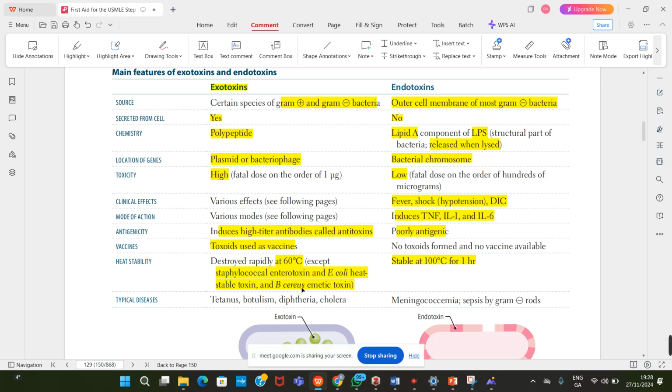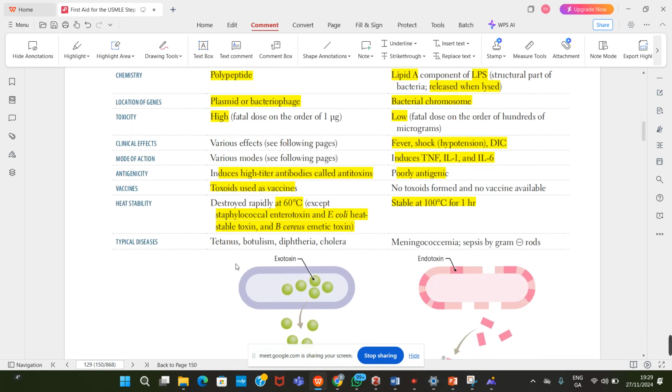When we talk about reheated rice syndrome, what is responsible for reheated rice causing food poisoning is that Bacillus cereus contains an emetic toxin that is heat stable. So staphylococcal enterotoxin, E. coli heat stable toxin, and Bacillus cereus emetic toxin are all heat stable. You cannot destroy them. For endotoxin, it is stable at 100 degrees for 1 hour. You don't need all this information. Nobody is going to ask.